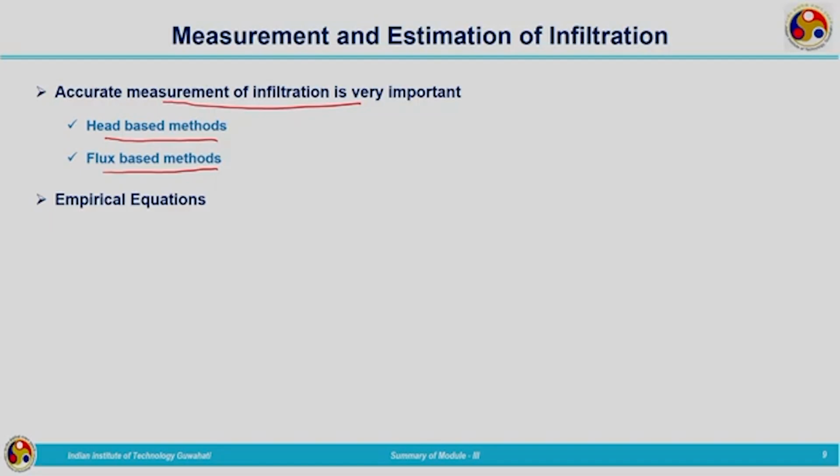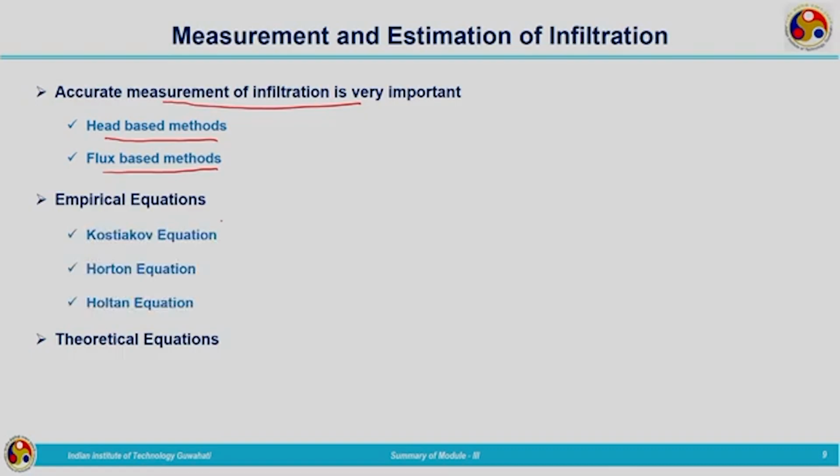After understanding the disadvantages of single ring infiltrometer, we have gone to double ring infiltrometer and we have seen how infiltration can be represented in curves by means of infiltration rate and cumulative infiltration depth. Cumulative infiltration depth curve was an increasing curve as in the case of mass curve, and infiltration rate curve was a decreasing curve.